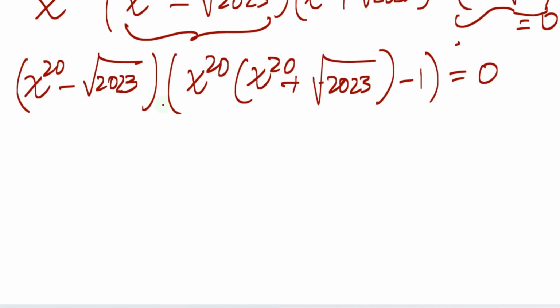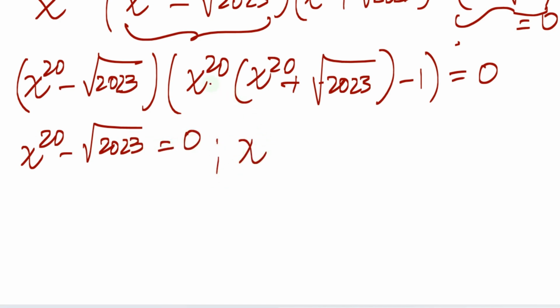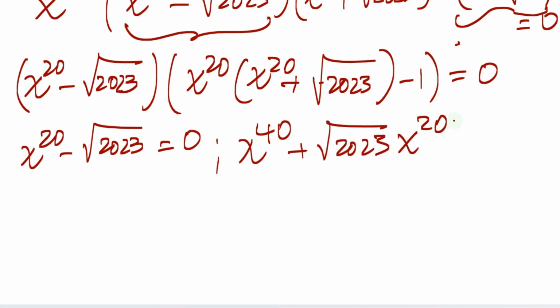So now we have that x to the 20 minus square root of 2023 is equal to 0, and this other factor, x to the 40 plus square root of 2023 x to the 20, and then minus 1, is equal to 0.